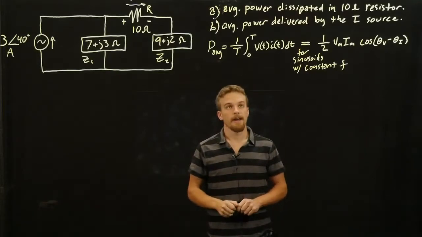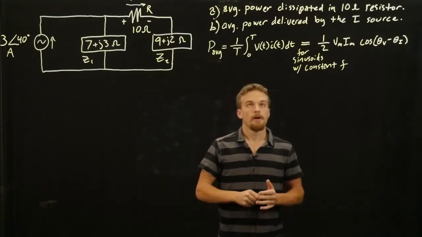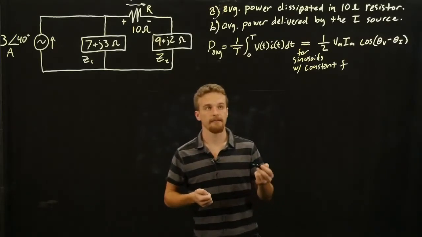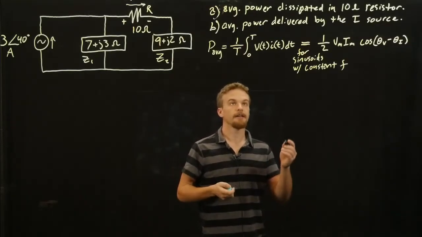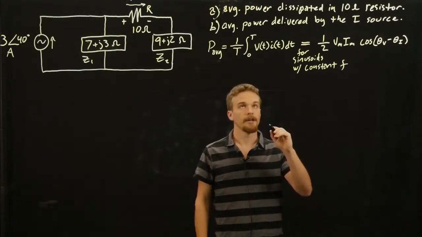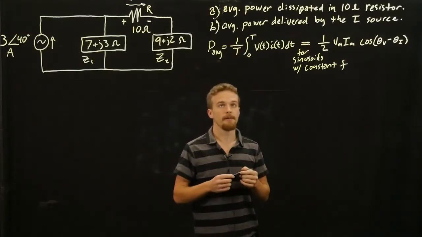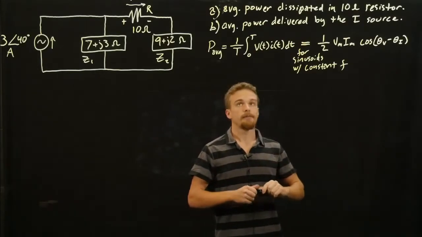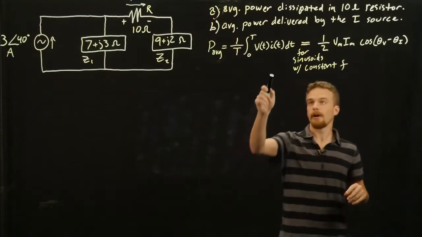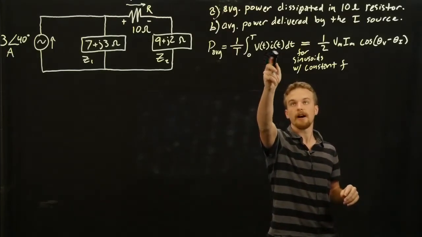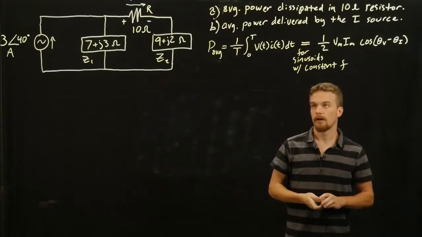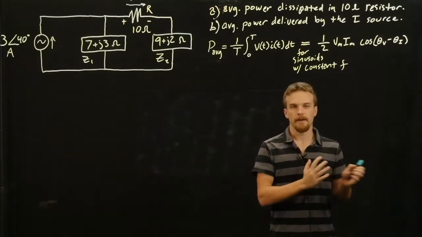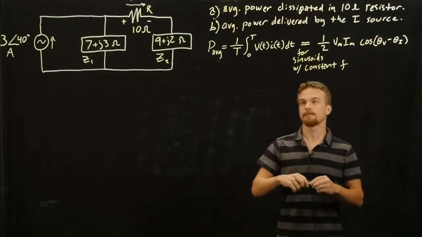Then how would we find average power? Instantaneous power would be given by V of t times I of t. But we can integrate that over some time and divide by that amount of time to get the average. Someone has already done all that work for when our instantaneous V and I are sinusoids, maybe with different amplitudes and phase shifts, but oscillating at the same frequency.